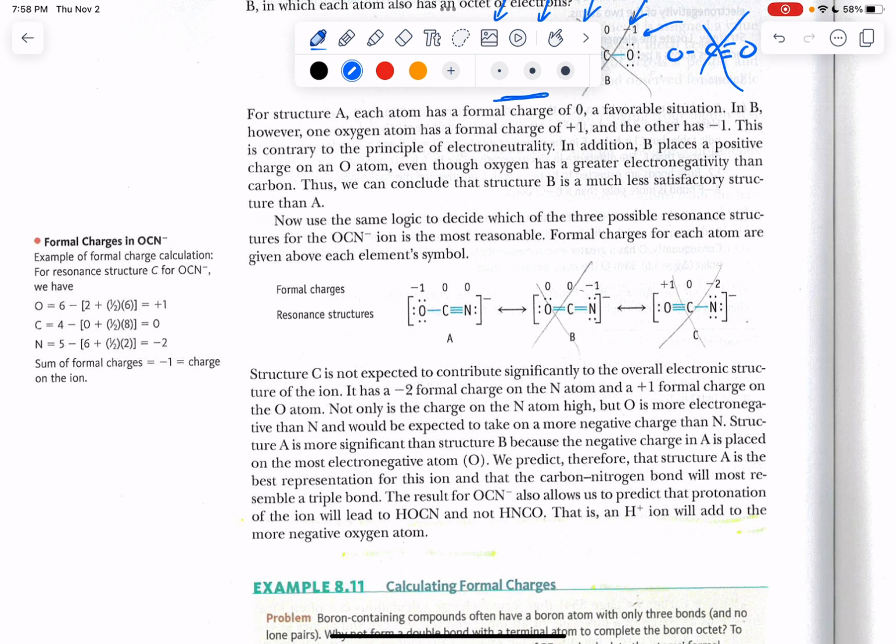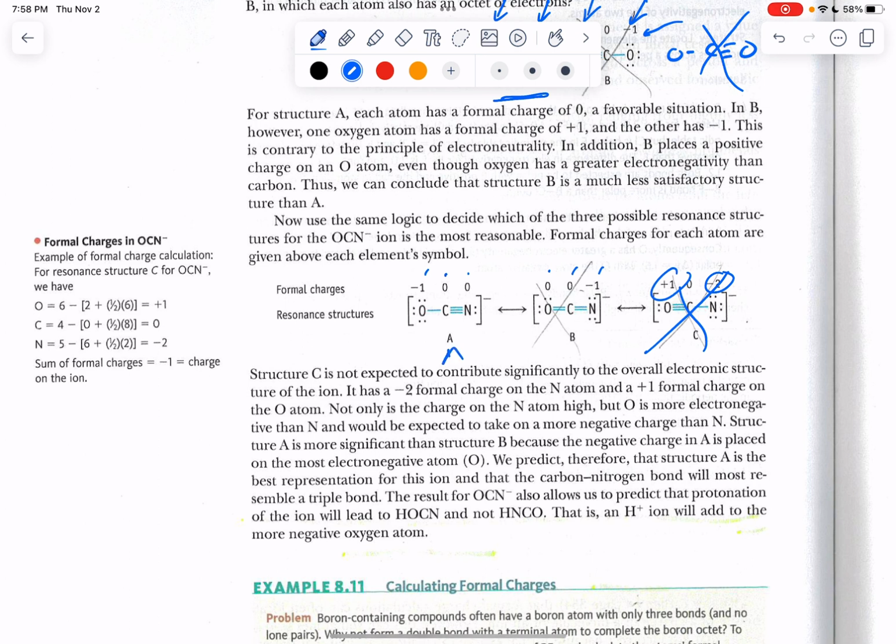In this particular molecule, you can see that I have a -1, a 0, and a 0 for my formal charges. Whereas over here, I have a 0, a 0, and a -1. This one right here we can rule out real quickly because we have a +1 and a -2 for formal charges.